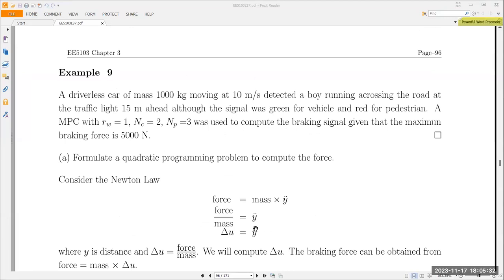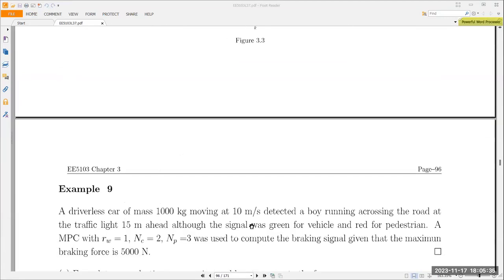Basically, the story is that there's a driverless car.